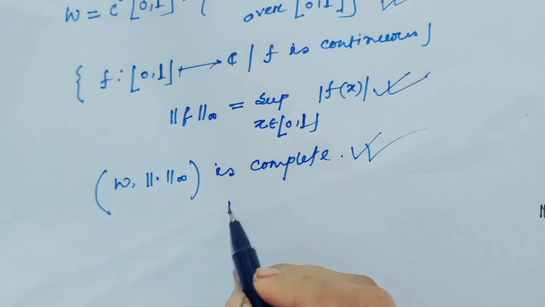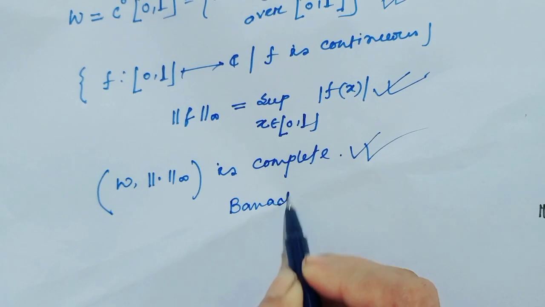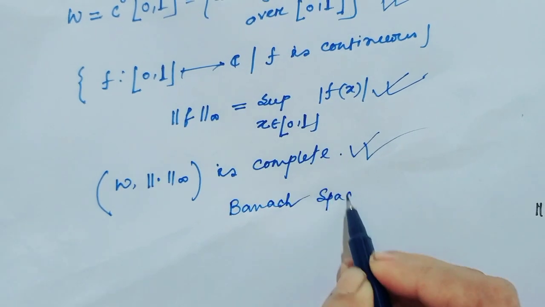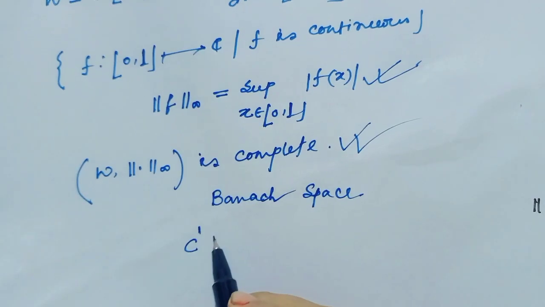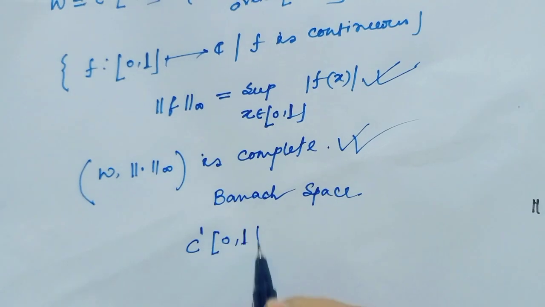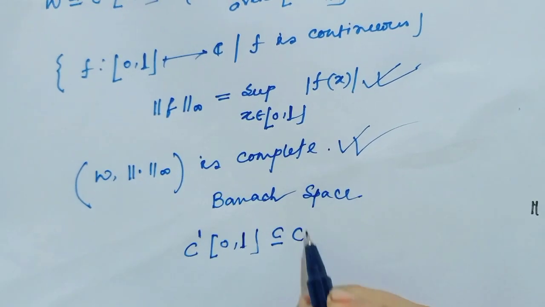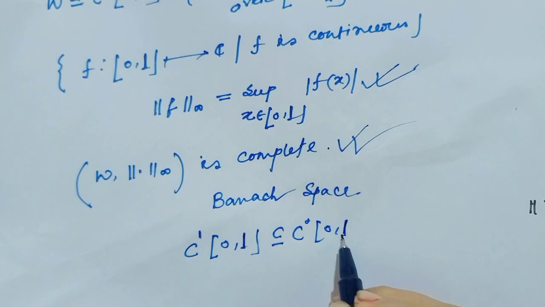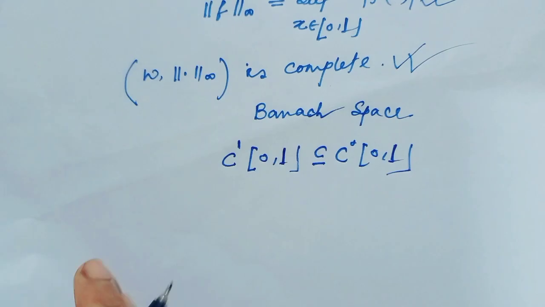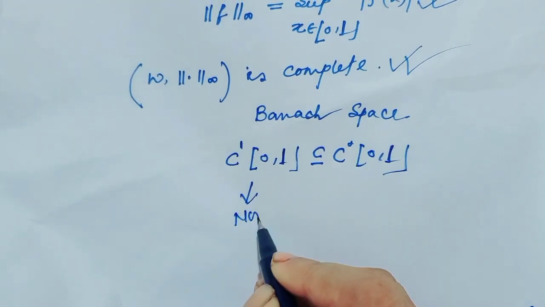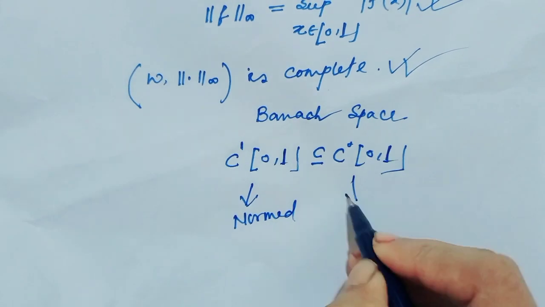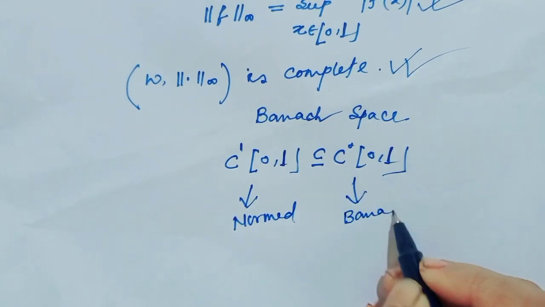That means this is a Banach space. If we consider C^1[0,1], obviously this is a subset of C[0,1]. Therefore, obviously this is a normed space and this is a Banach space.